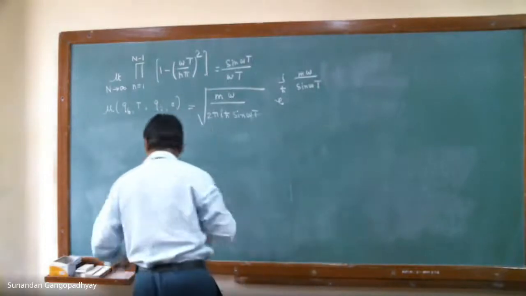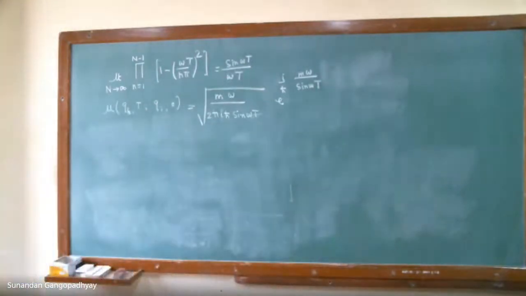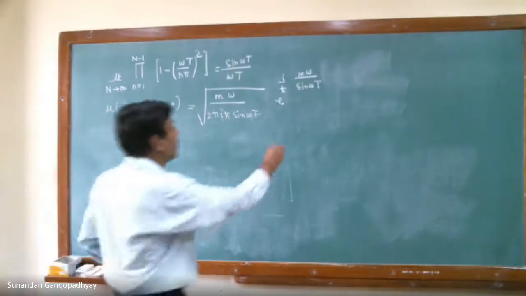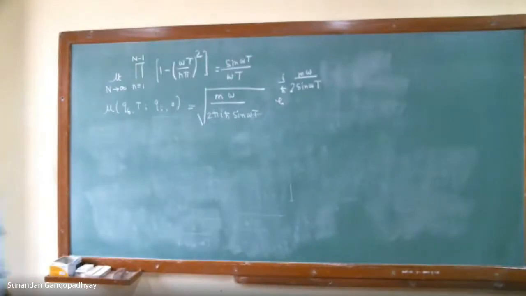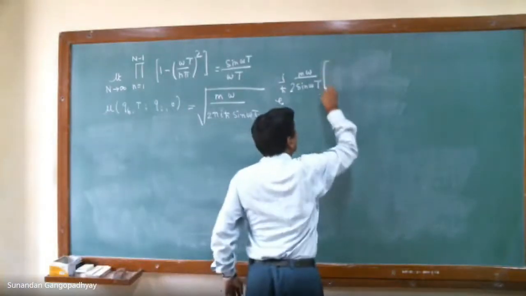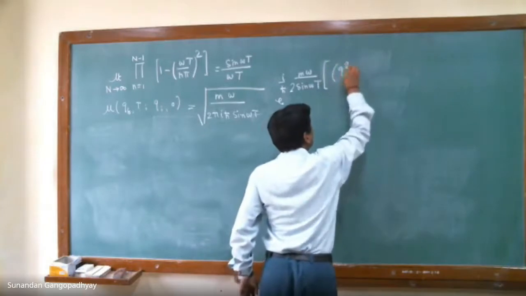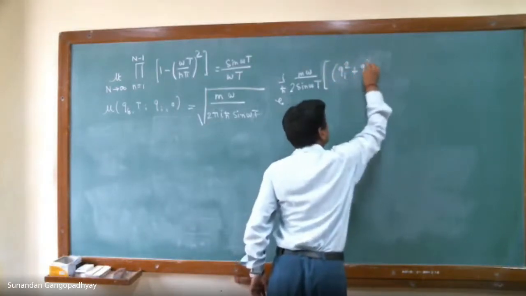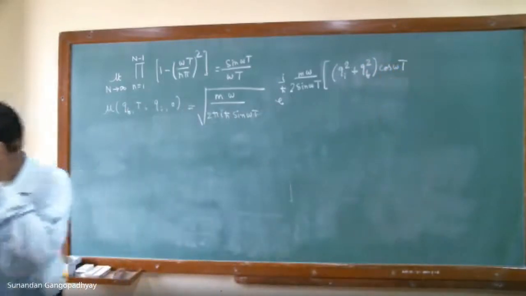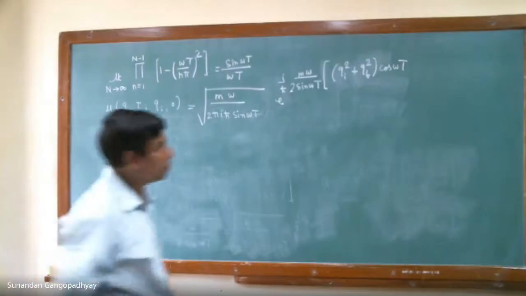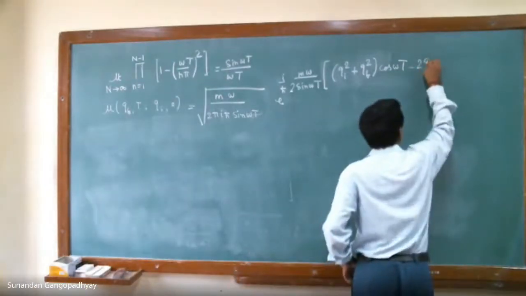you will get this factor, but now what we shall have is m omega by I h bar by 2 sine omega t. So you will have a factor of 2 here, and then we will have q_i square plus q_f square times cos omega t minus 2 q_i q_f.